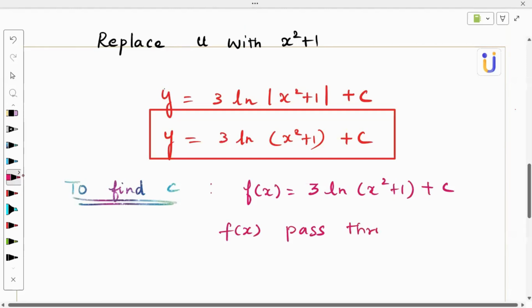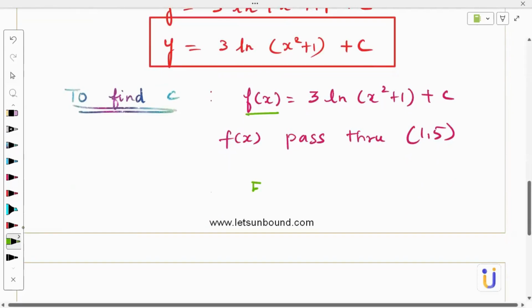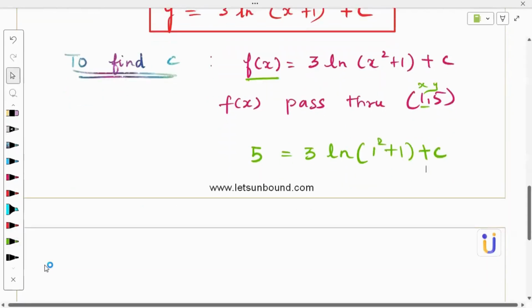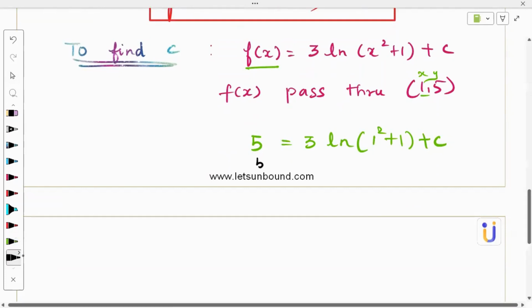So direct substitution, which means this point lies on that graph. Substituting 5 in place of f of x, that is the y, and x is going to be 1. So 5 equals 3 ln of 1 square plus 1, plus c. So 5 equals 3 ln 2 plus c, and c is 5 minus 3 ln 2.